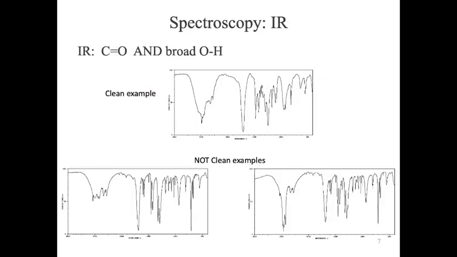With that, we can look a little bit at spectroscopy. What we're talking about as a functional group is typically our carboxylic acid derivatives. Because what we're doing is we're modifying the carboxylic acid by changing that OH into different leaving groups.